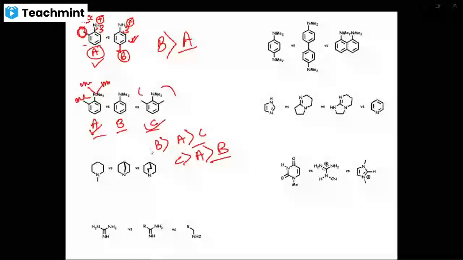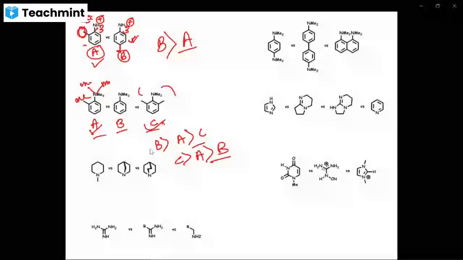But here in C, whatever increase in the nitrogen atom's lone pair availability comes from steric inhibition of resonance is compensated or overcompensated by the solubility factor.